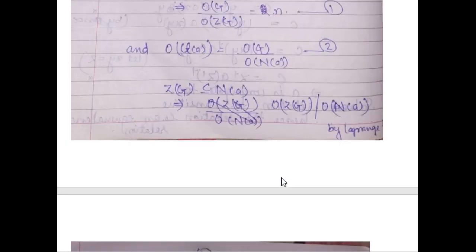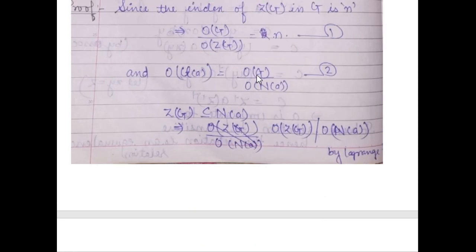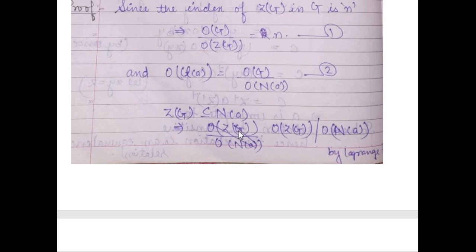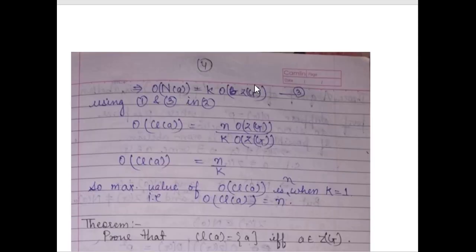So using 1 and 3, we get the order of the class of A. The order of G is equal to n times the order of Z. So we put the order of G equal to n times the order of Z, and this is equal to K times the order of Z(G).